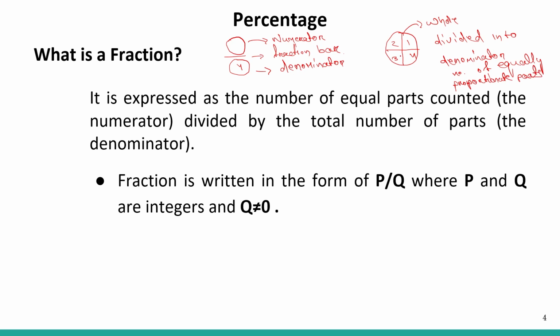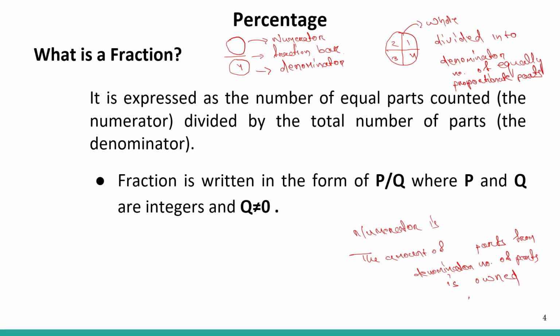And the numerator is the amount of equal parts, or parts, from the denominator number of parts, that is owned or observed.